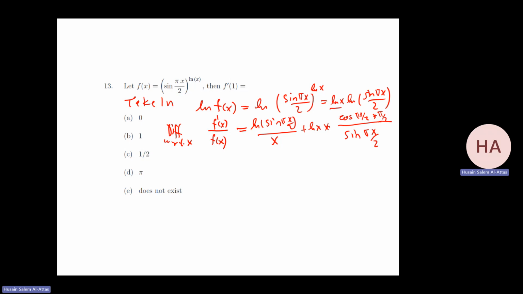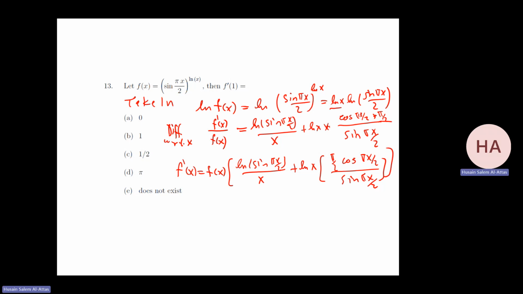Now substitute at 1, f prime at 1. F prime at x will be f of x times what? Ln sine pi x over 2 over x plus ln x times pi over 2 cosine pi x over 2 over sine pi x over 2. Now I need f at 1.